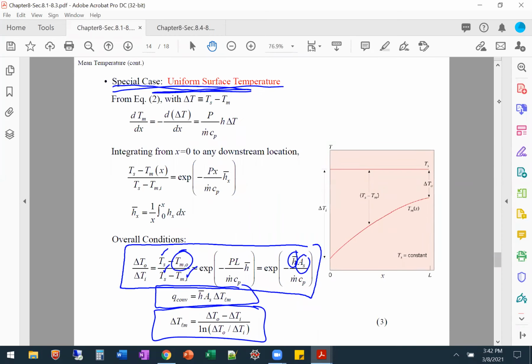Mass rate was given, and CP we get from our properties. Then the total heat rate, which the solution doesn't go into but the problem asks, comes from this equation. If we have the outlet temperature, we can get the log mean temperature difference from these two, and then use the two equations below it to get the heat.